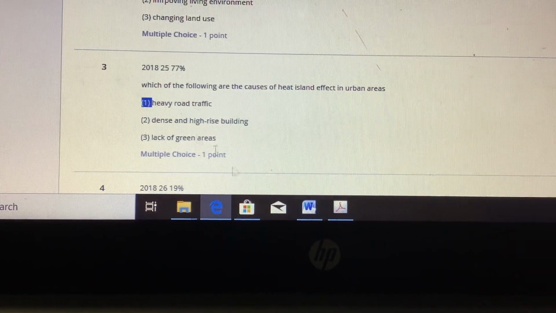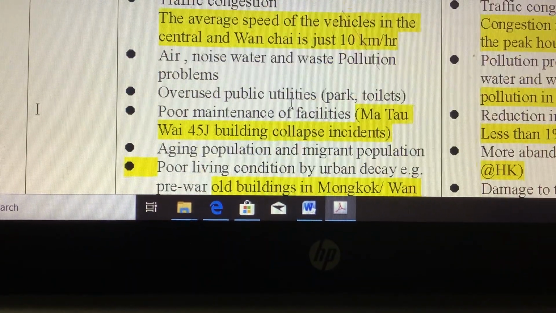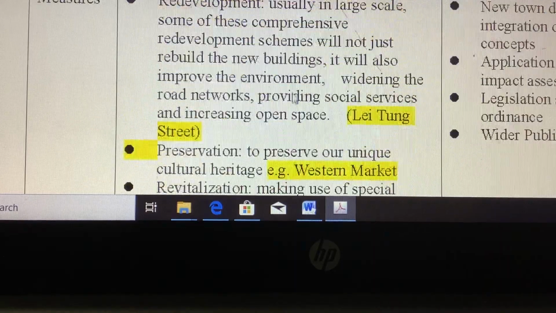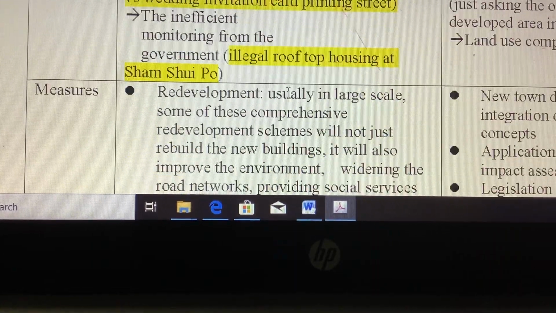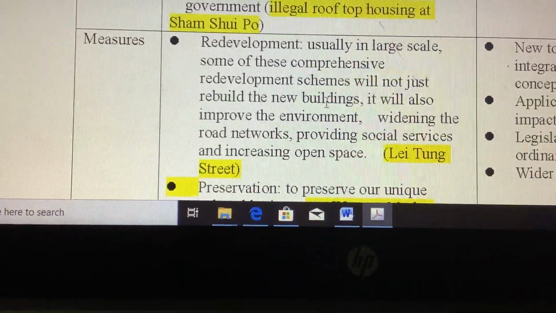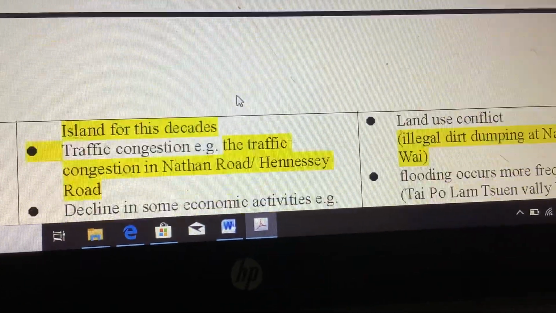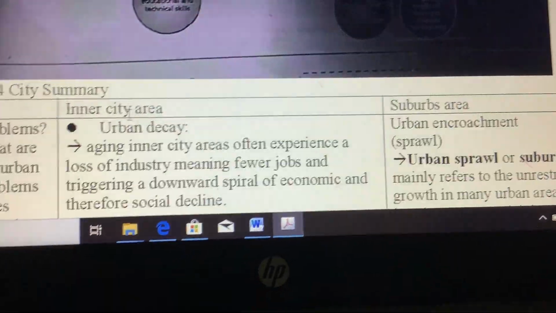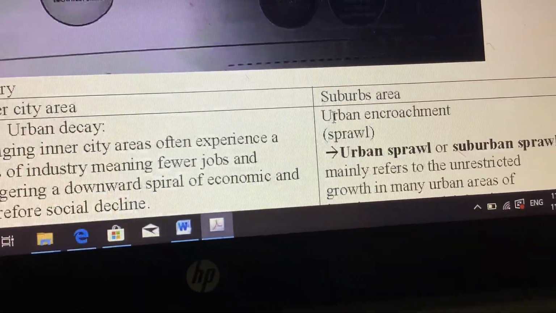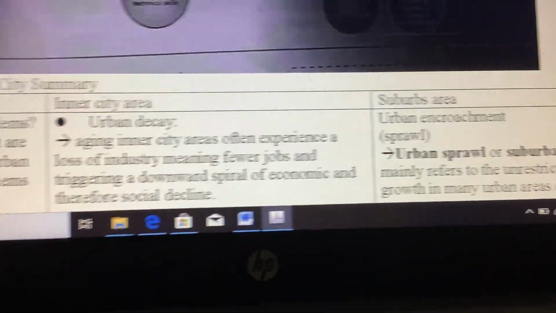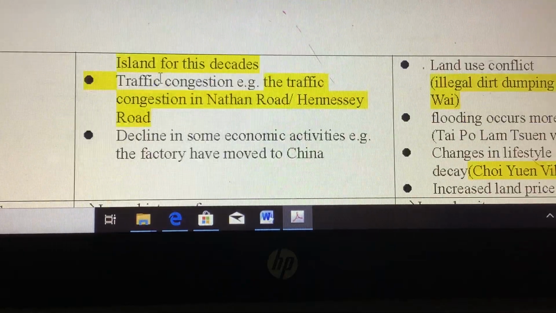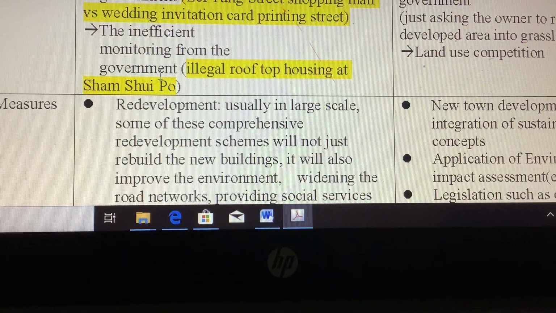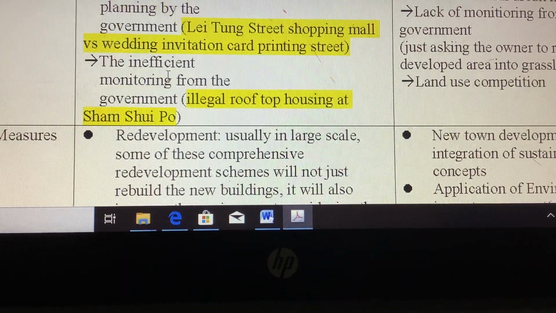Also, summary time now. You can see in here the measures for the inner city and suburbs area. In the inner city we have urban decay, in the suburbs we have urban encroachment. So what are the measures to deal with urban decay?